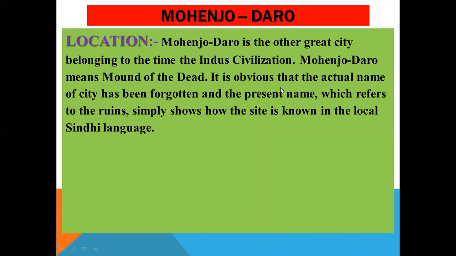It is obvious that the actual name of the city has been forgotten, and the present name, which refers to the ruins, simply shows how the site is known in the local Sindhi language.